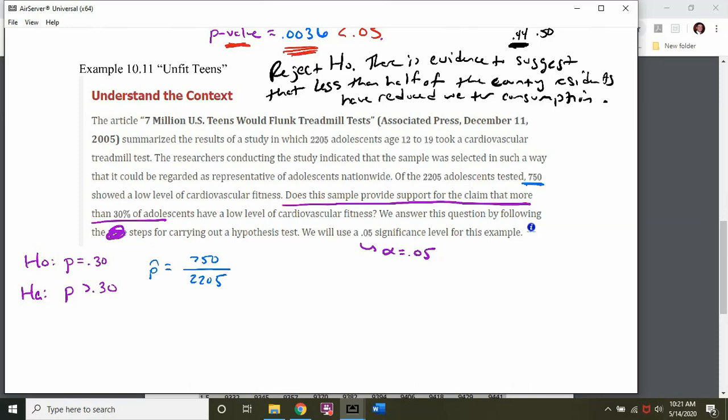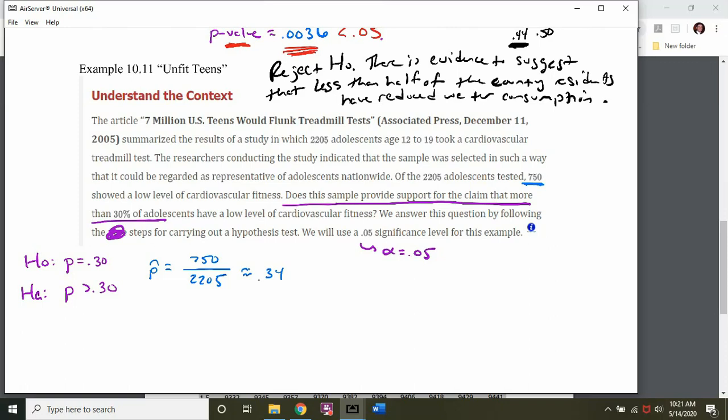So in terms of the calculator, okay, again, if you want, set up your diagram. And if you want, just to get an idea, what does this even equal? What is that? 750 out of 2205. It's about 34%. Okay, so that's certainly more than 30%.